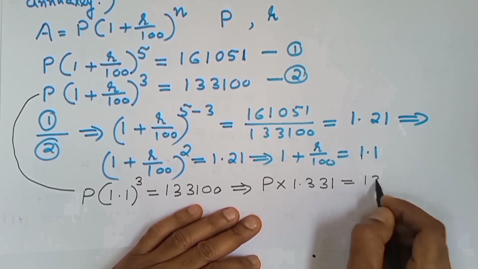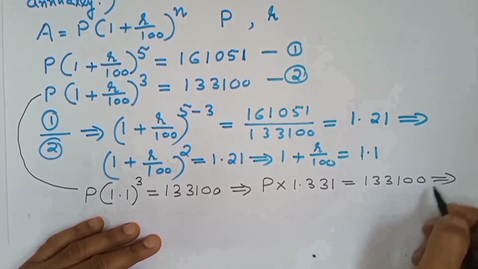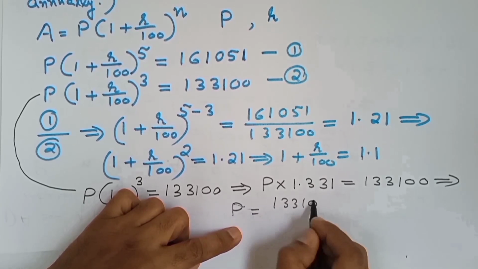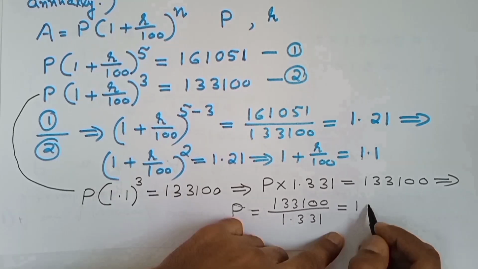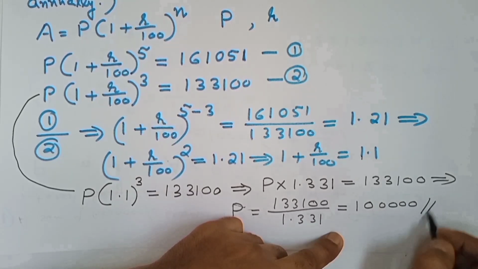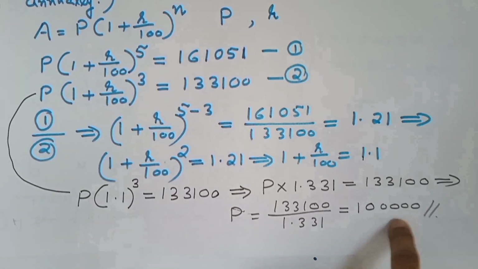So that's equal to 0, 0. This implies P is equal to 1331, 0, 0, 1 lakh. That is the final answer to the question. Rather, the sum of money asked to be determined in the question is 1 lakh.